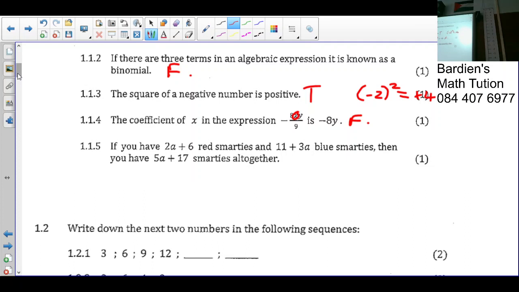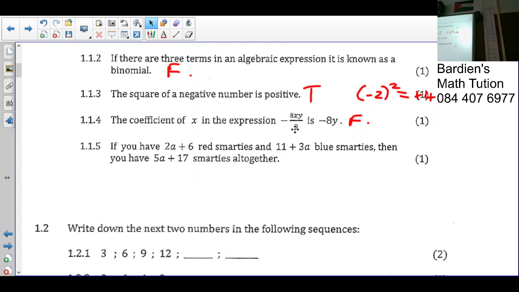What if it had said your numerical coefficient? What would it have been then? Negative 8 over 9. Do you guys understand? So numerical denotes number only, whilst coefficient is going to be, you can consider the y as well. Okay. Numerical is number only.